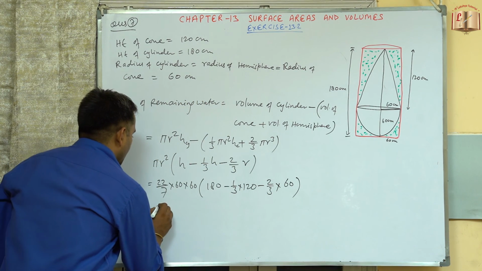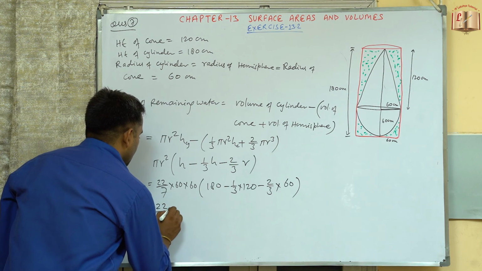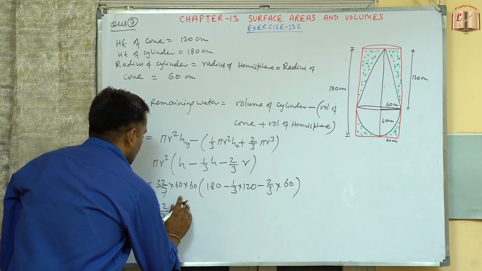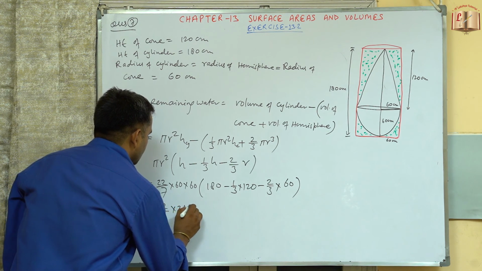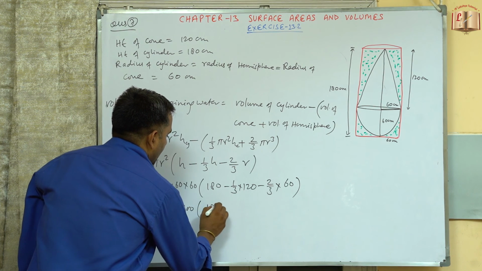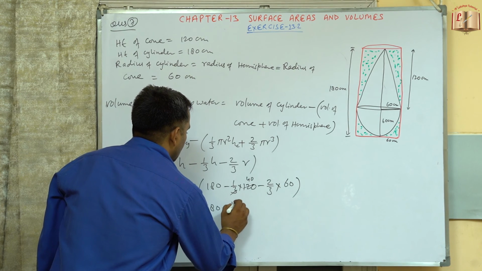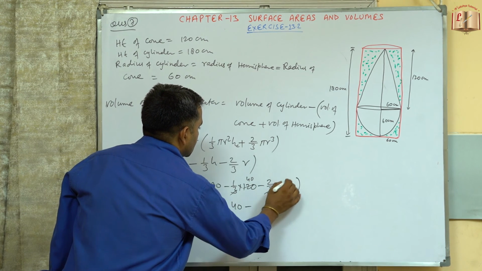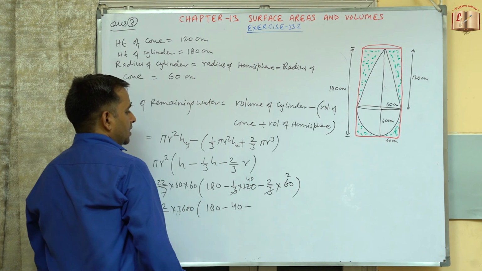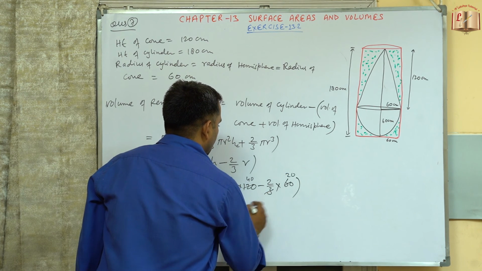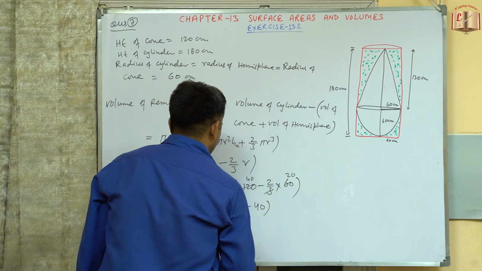So we can simplify it. So this is 22 by 7 into 3600, and this is 180 minus 3 4 ja, so this is 40 minus 3 2 ja, so this is 20 into 2, so this is 40.